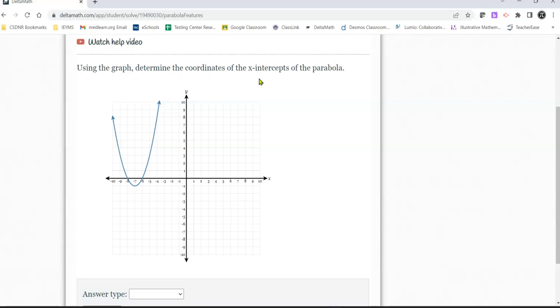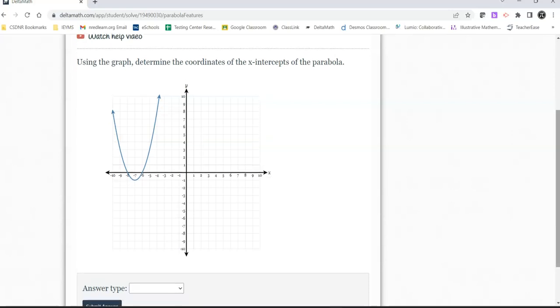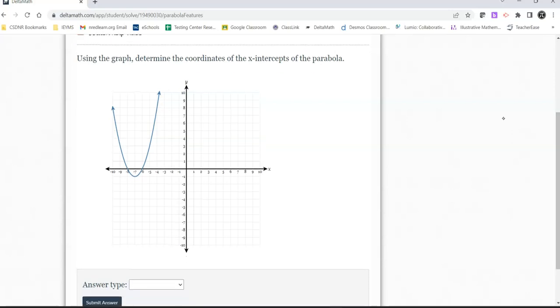Using the graph, determine the coordinates of the x-intercepts. Now the x-intercepts are different from the y-intercept, and the x-intercepts are also known as your roots, your zeros, or your solutions even. So I see that the graph touches the x-axis at -8 and -6. So -8 and -6 are our two solutions.